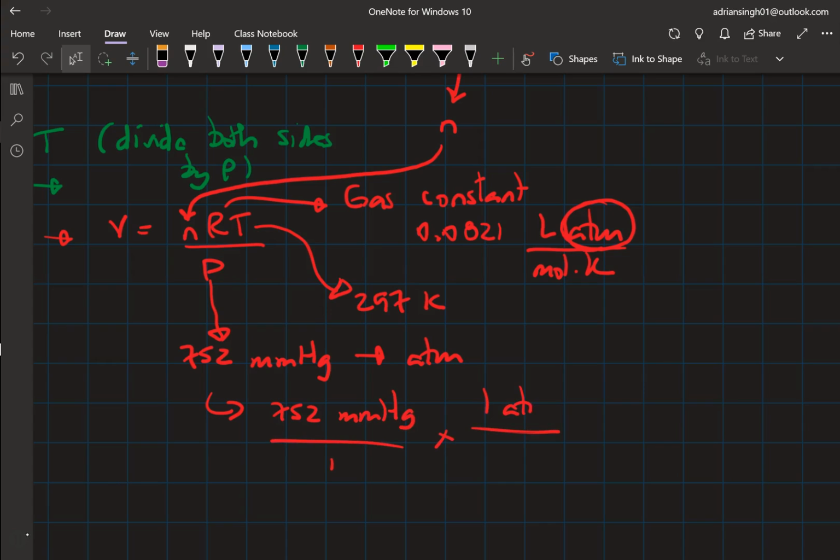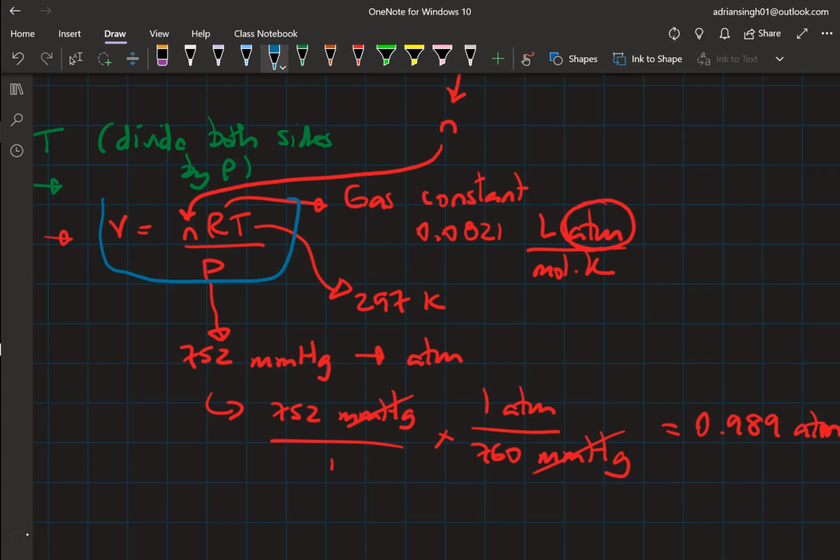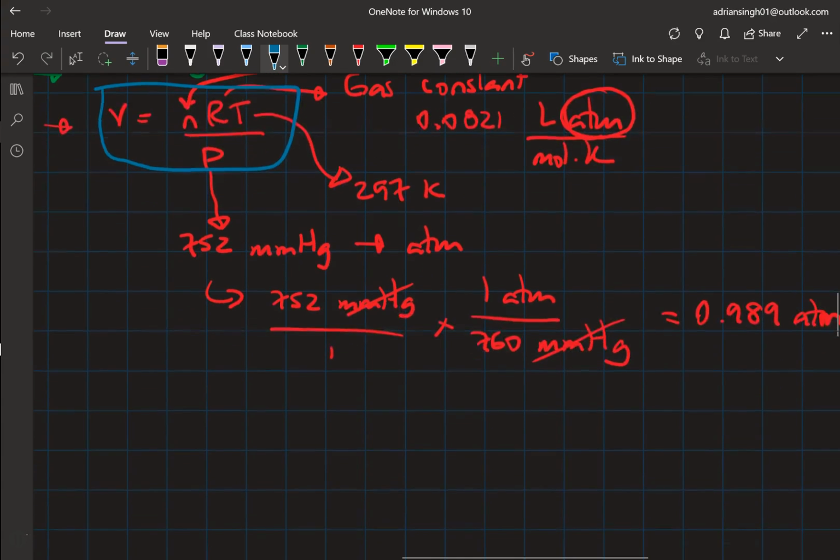For every 1 atm, that's defined as 760 millimeters of mercury. That goes away. So we just divide 752 by 760, and that's going to give us 0.989 atmospheres, atm. So we have all of the numbers that we need now to solve for V.